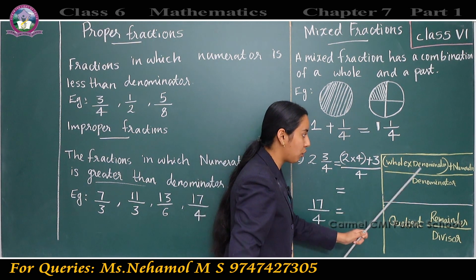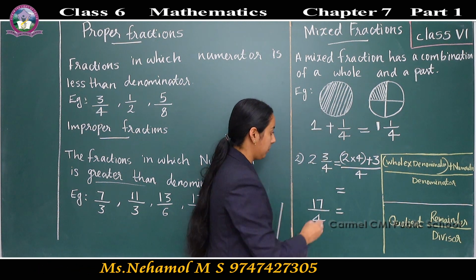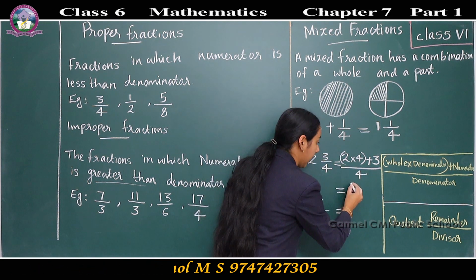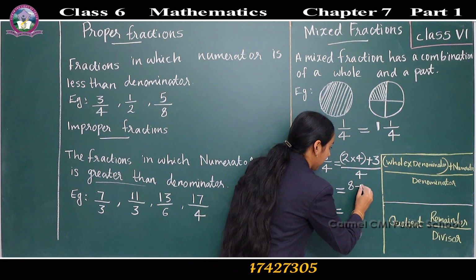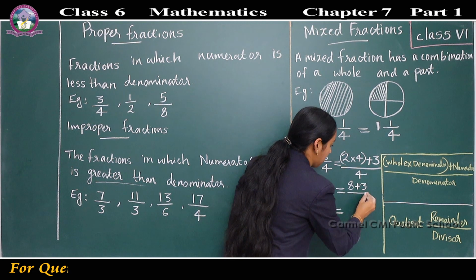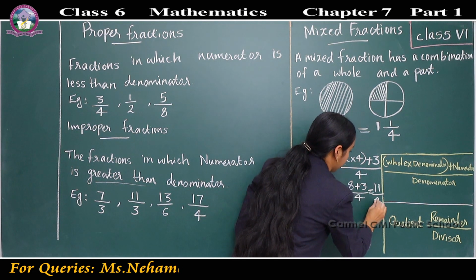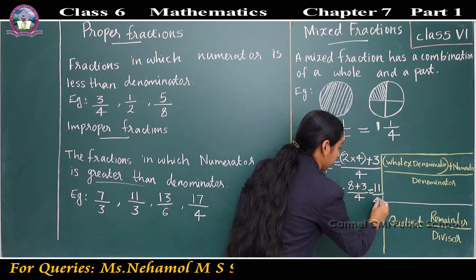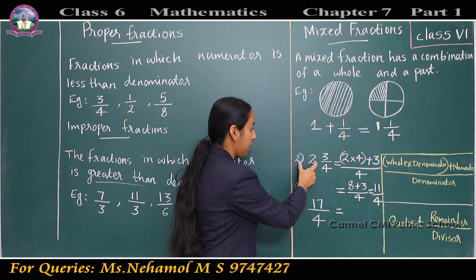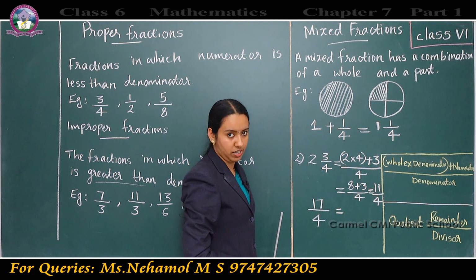Then what is the answer? 2 4s are 8. 8 plus 3 is 11. So it is 11 by 4. So we convert a mixed fraction to an improper fraction.